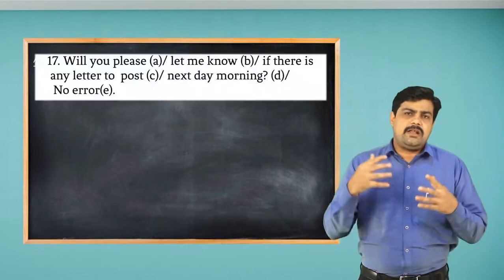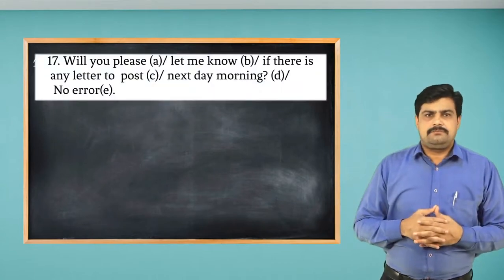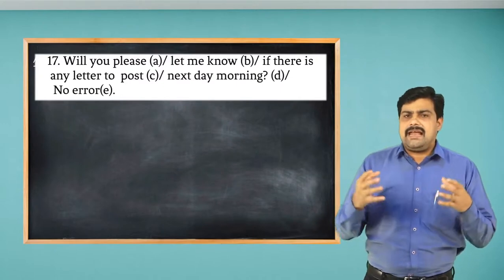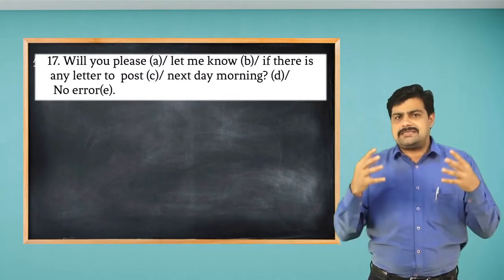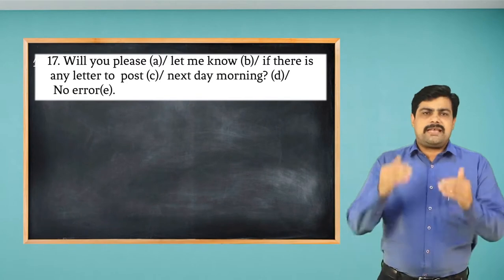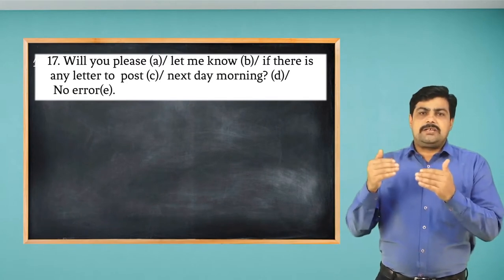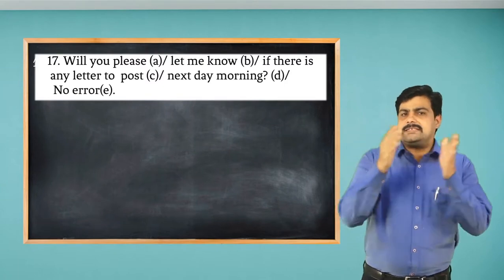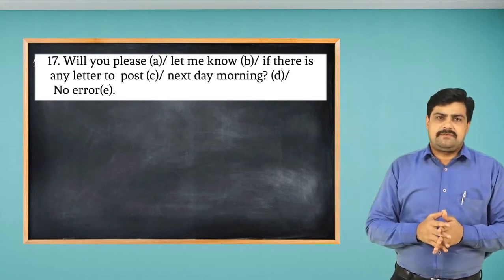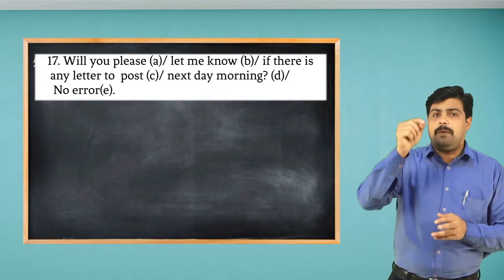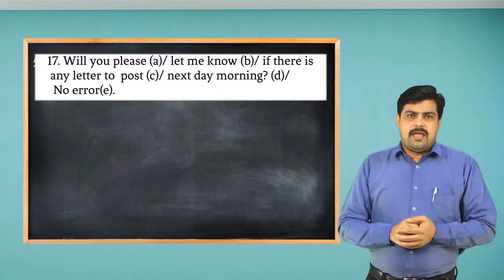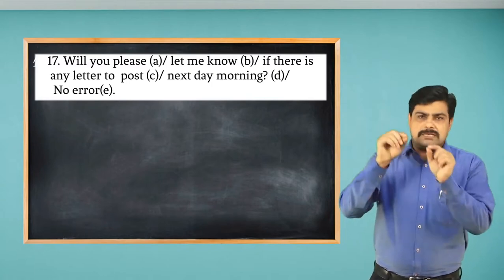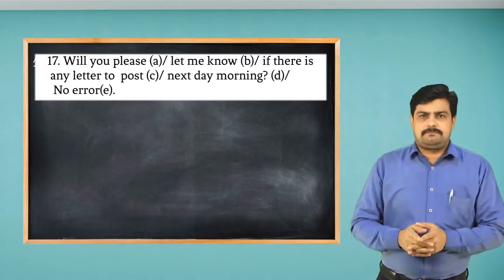Now let's take the last sentence of the session. Will you please let me know if there is any letter to post next day morning? In the second part of the sentence, the object any letter is used as a subject with infinitive, that is to plus verb, and we know it is changed into to plus be plus verb.